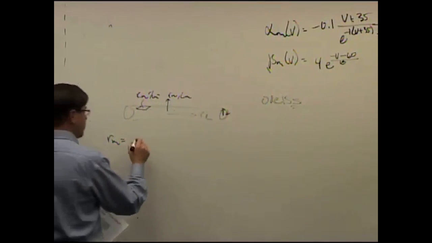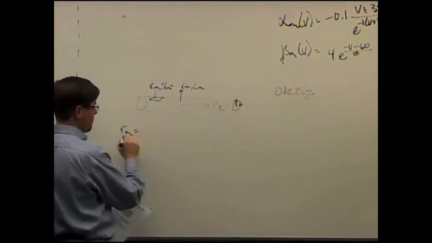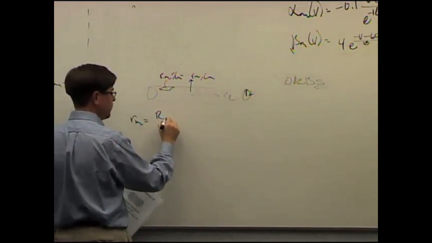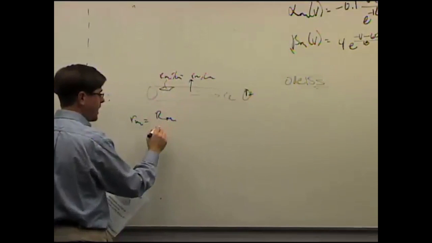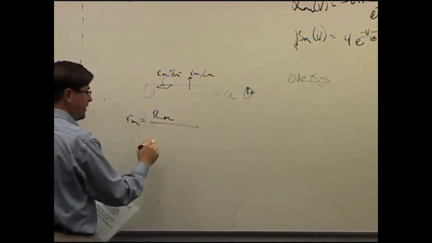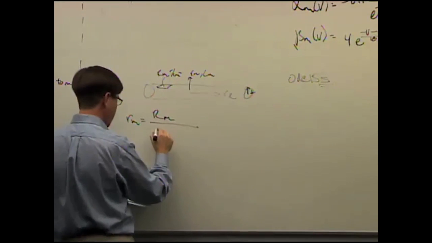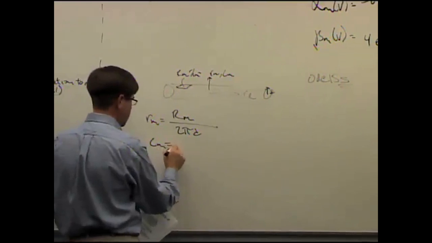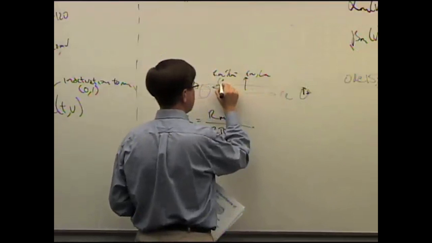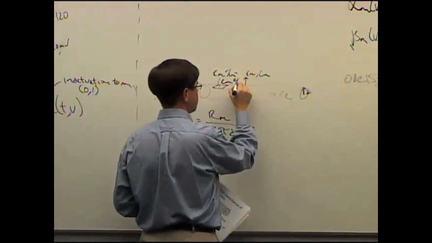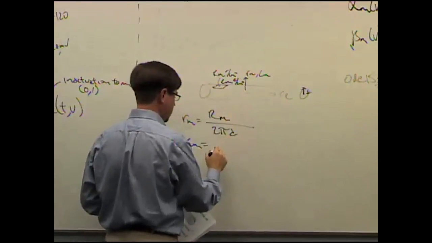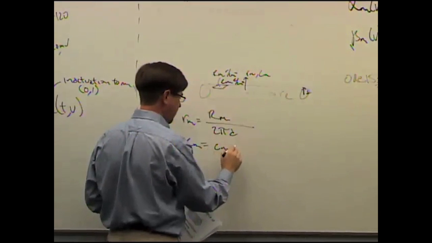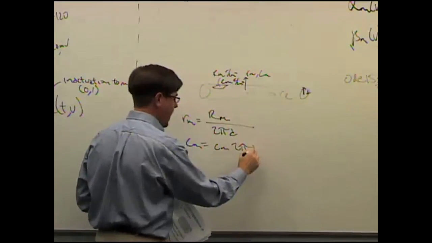So the membrane resistance is going to be equal to the membrane resistance per area divided by the area, so it's going to be 2 pi A. Whereas the capacitance goes up. So we're also going to have a capacitance. Capacitance per centimeter squared is going to be equal to Cm times 2 pi A.